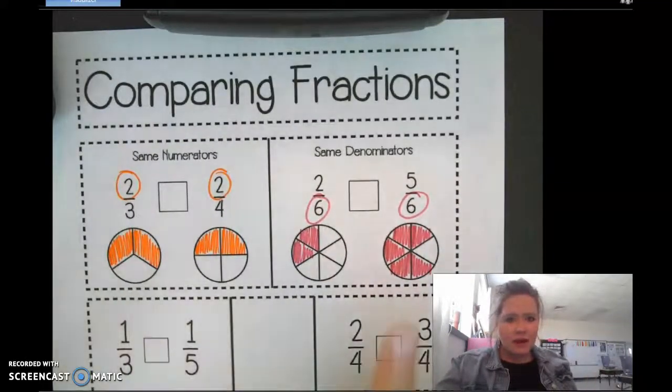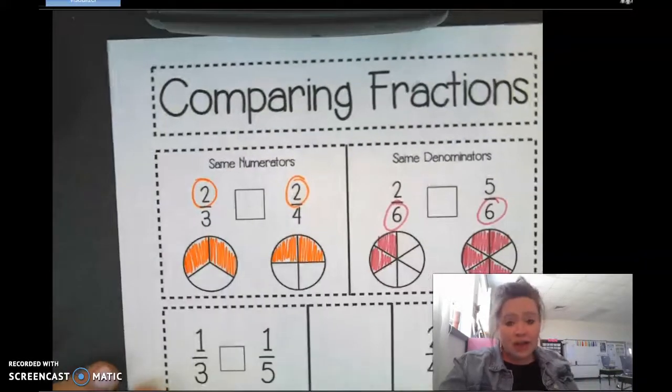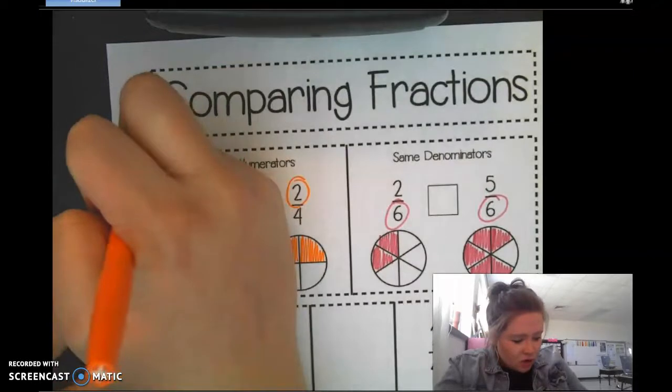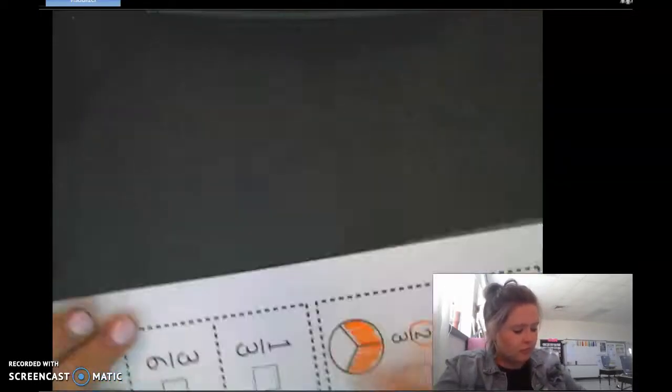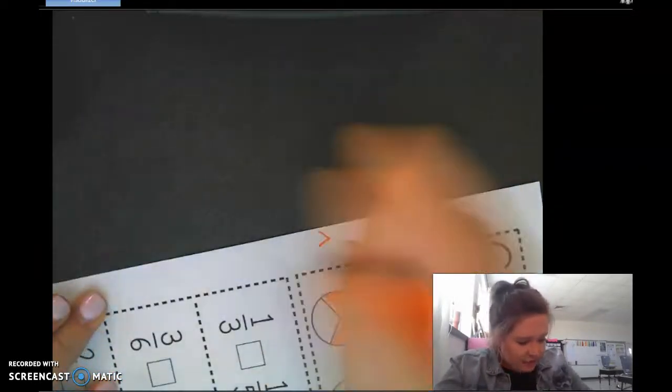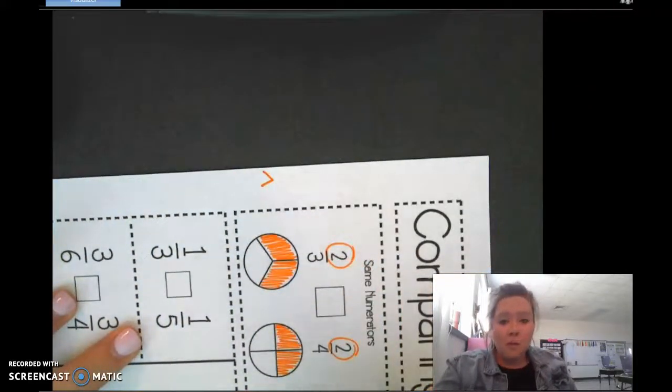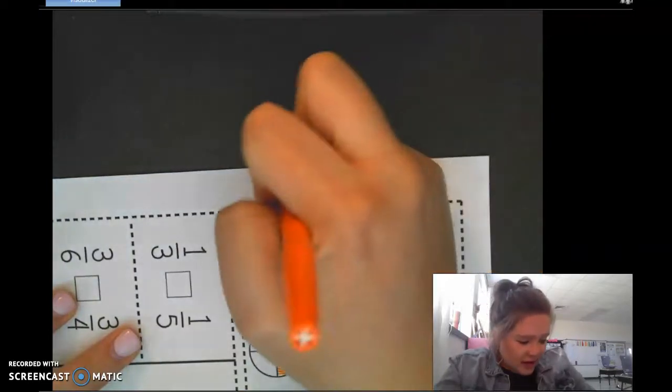Now let's compare our fractions. But first, I want to review our symbols, okay? If I draw this symbol, what does that symbol mean? Greater than.